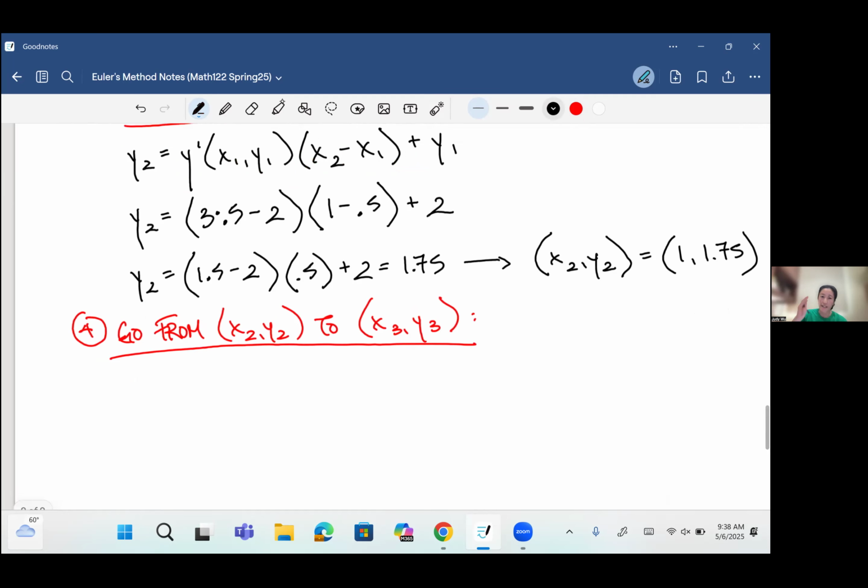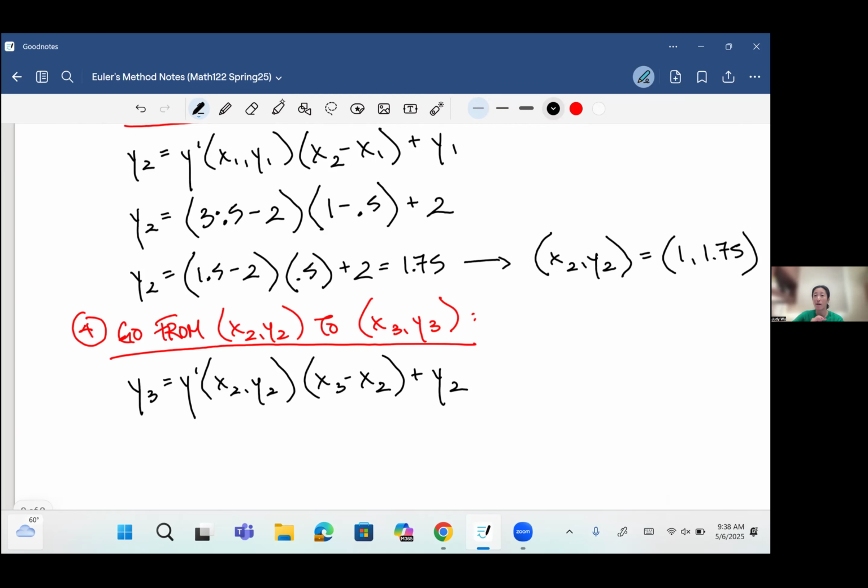All right. So now everywhere there's a 1, I'm going to make that into a 2. And everywhere there's a 2, I'm going to make that into a 3. So we're just shifting everything up by 1. y3 equals y prime of x2, y2 times x3 minus x2 plus y2.